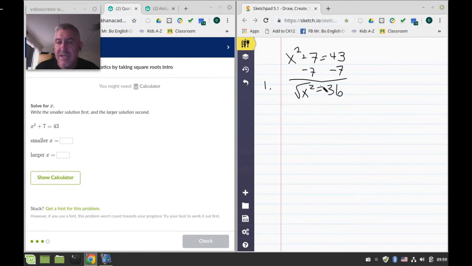And then my next step, I'm going to take the square root, remember positive and negative. So this is just 2 steps. Positive square root of 36 is 6. And negative square root of 36 is negative 6. So negative 6 squared is 36. Positive 6 squared is 36. And we'll put those numbers in.